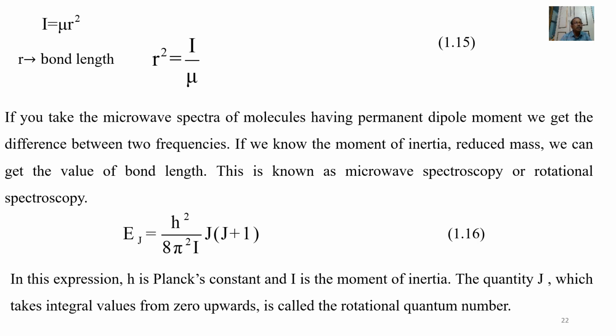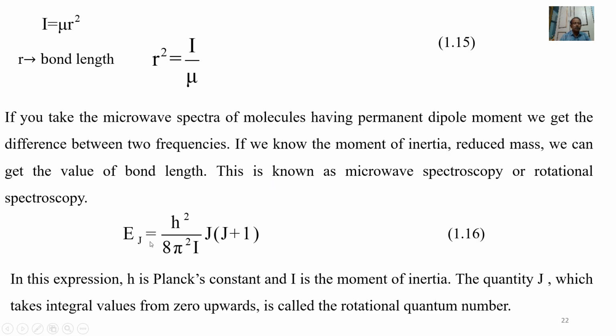If I know the masses of two atoms in a diatomic molecule, I can get the value of bond length, which is nothing but the internuclear distance. So if we take the microwave spectra of molecules having permanent dipole moment, we can get the difference between two frequencies. If we know the moment of inertia and reduced mass, we can get the value of bond length. This is known as microwave spectroscopy or rotational spectroscopy.